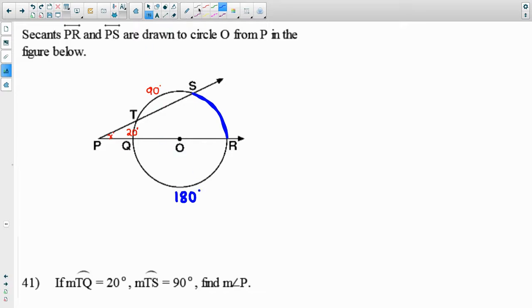But it also means that the arc up above here, say from Q to T to S to R, is also a semicircle and will also equal 180 degrees. So to figure out that missing arc that we need, I'm going to take my 90 degrees and my 20 degrees and add it together. That's going to give me 110 degrees.